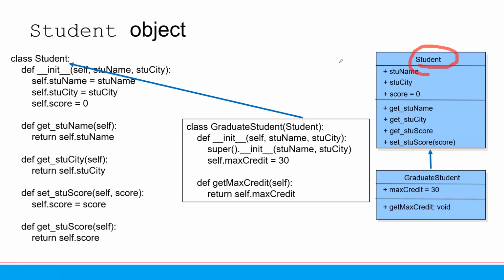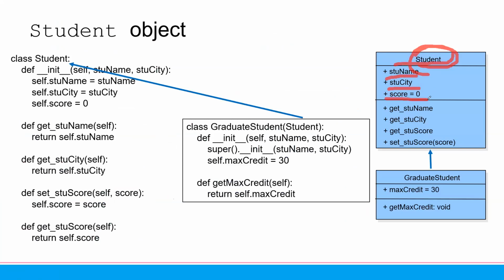They are different, but most of the information is the same. For example, the student name. All students will have a name. All students will have an address. All students will have a score.